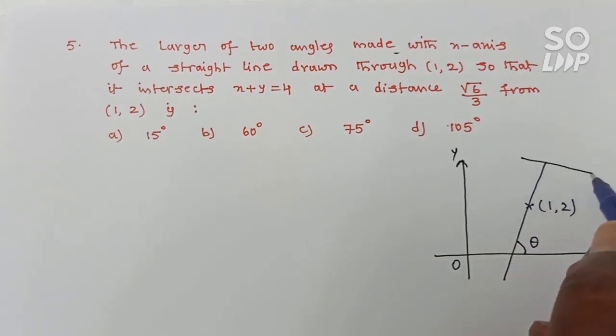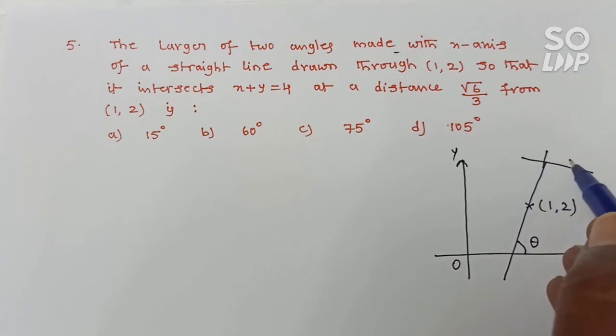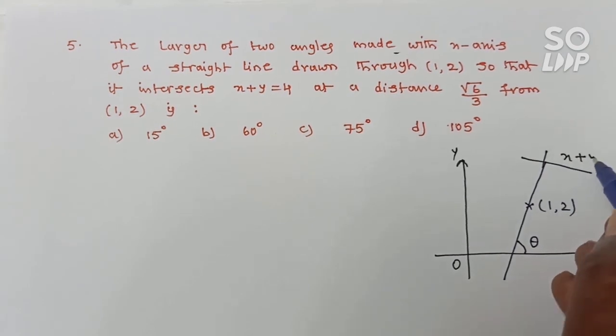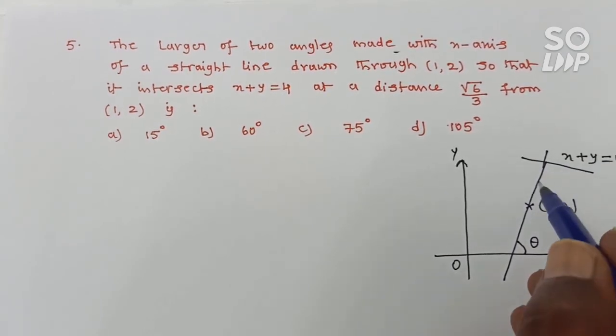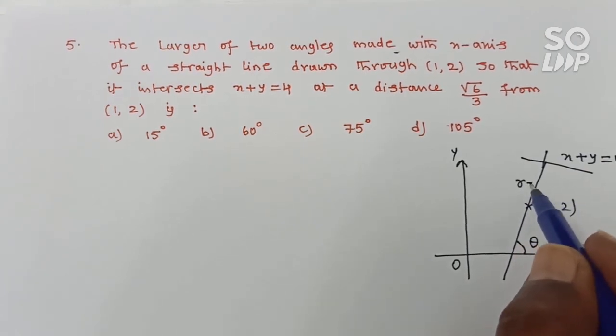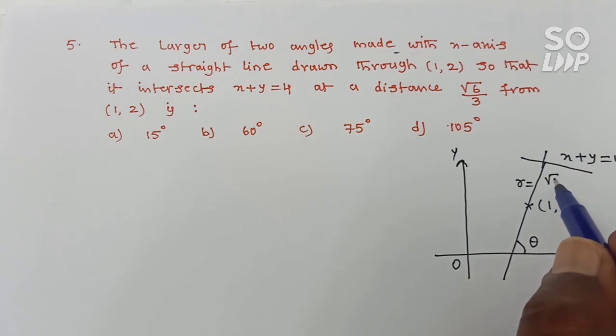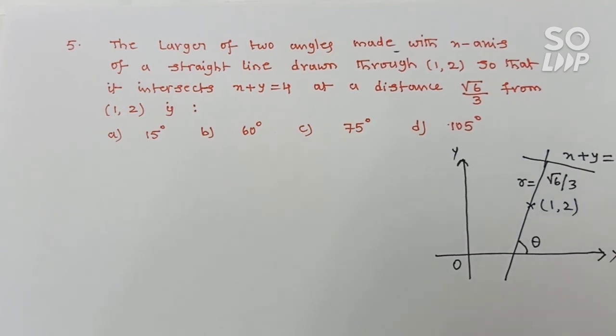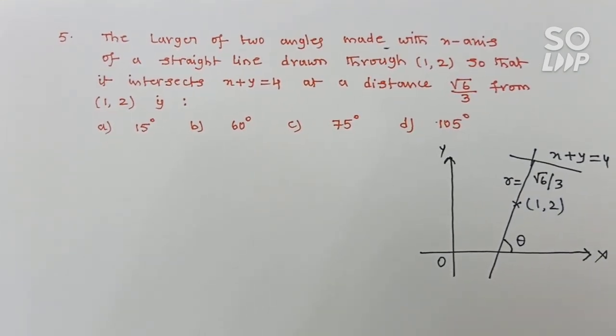This line is intersecting another line x + y = 4. The distance is given: r is equal to root 6 by 3. Now we have to find the theta value.